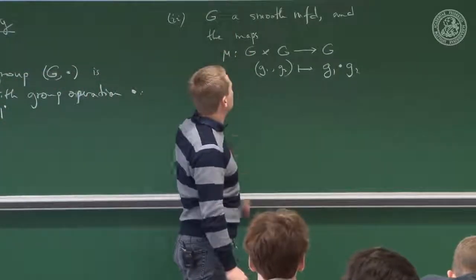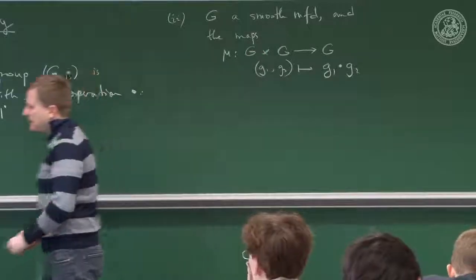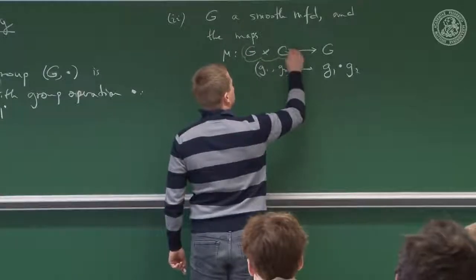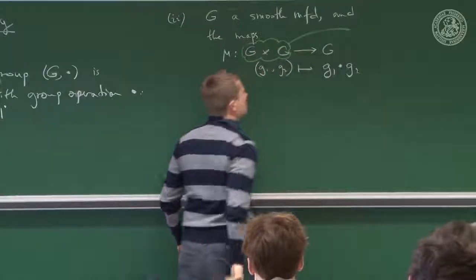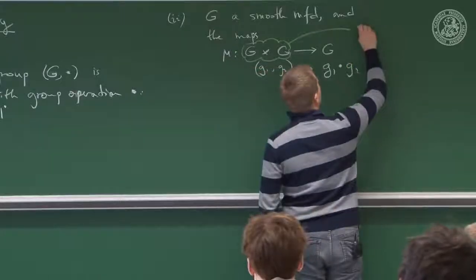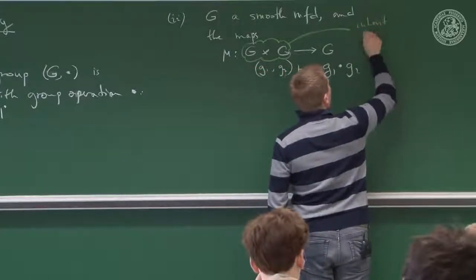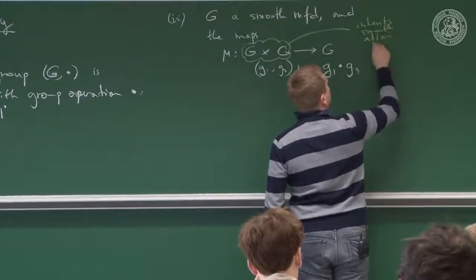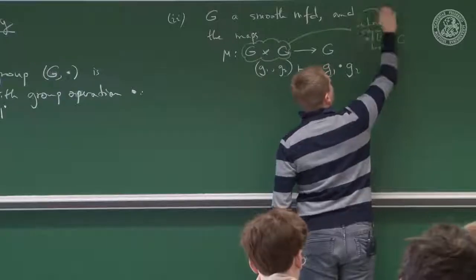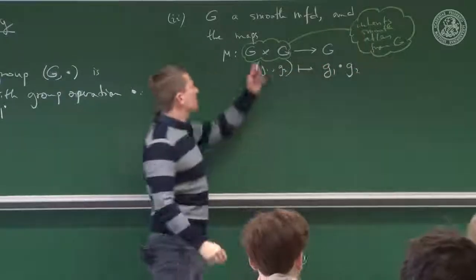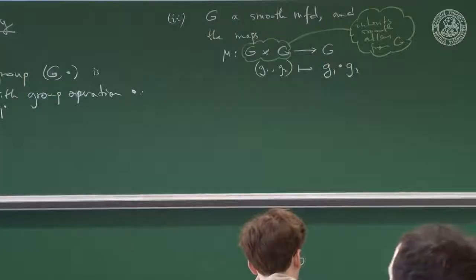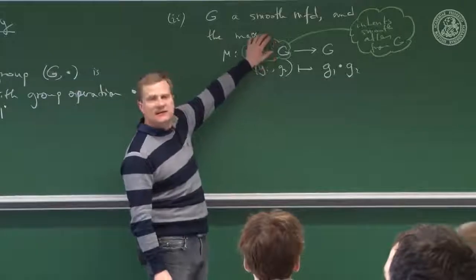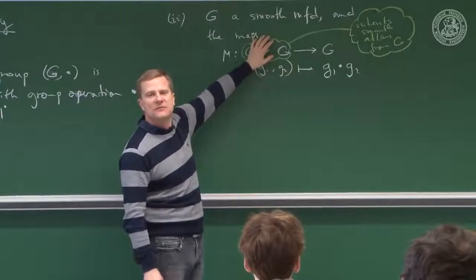But now if G is a smooth manifold, then you can make G cross G, which is clearly also a topological manifold, and it also inherits a smooth atlas from G, because G has a smooth atlas, so you can equip the Cartesian product of the underlying topological manifolds again with a smooth atlas, with the result that it is again a smooth manifold.